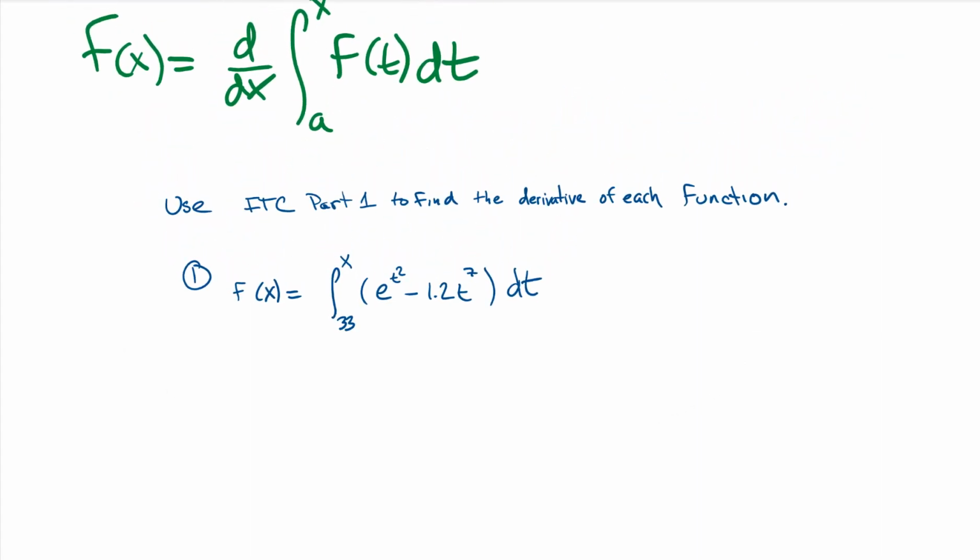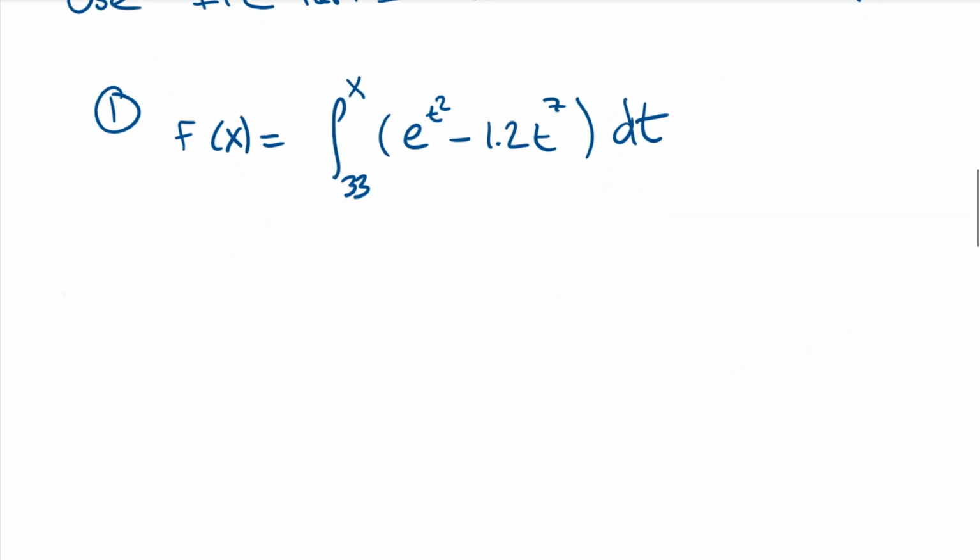So this question wants us to take a derivative on the function. It's saying take your integral, take a derivative on it. So actually what we're looking for in our problem is f prime, not f, even though our little formula tells us f. So really what we're looking for here is f prime of x, at least in this question.